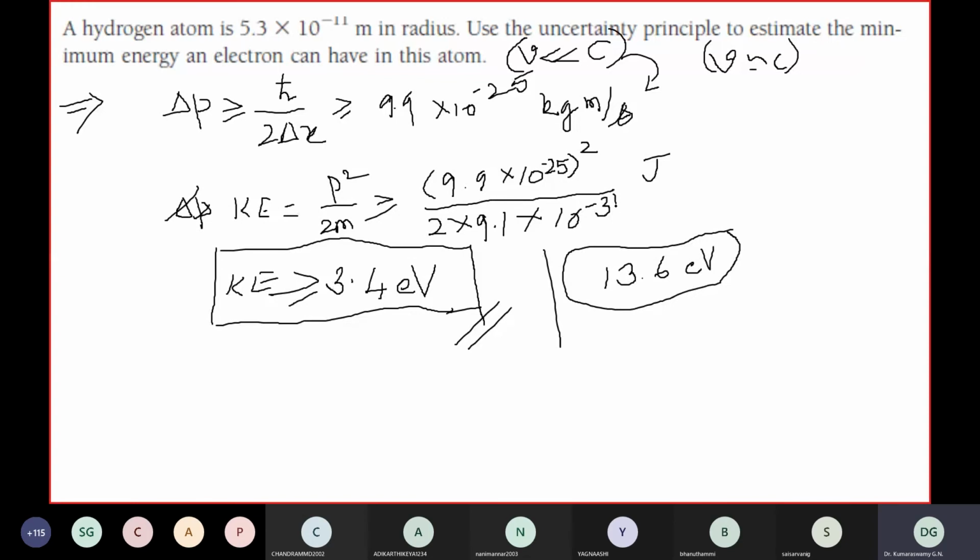Sir, for V less than C we have to take mass. Sir, can you repeat how to convert joules to eV? This is very simple.